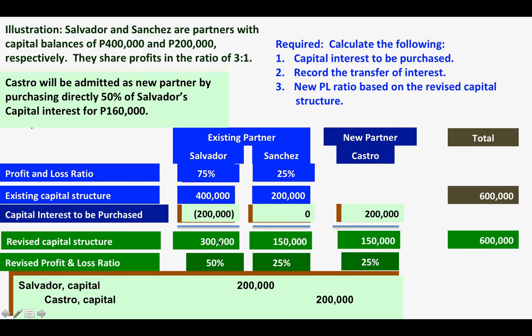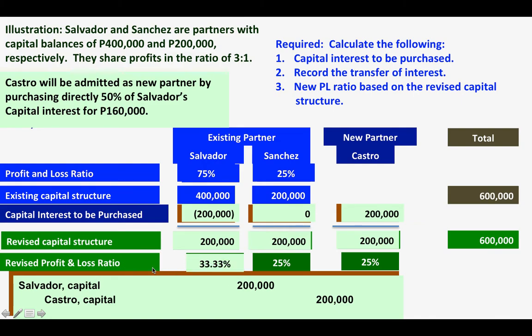So in this case, the revised capital structure will be Salvador at 200,000, Sanchez, no change at 200,000, and Castro will be given 200,000. Since the requirement is the new profit and loss ratio based on the revised capital structure, we will be presenting our profit and loss ratio 1/3 each for each partner.